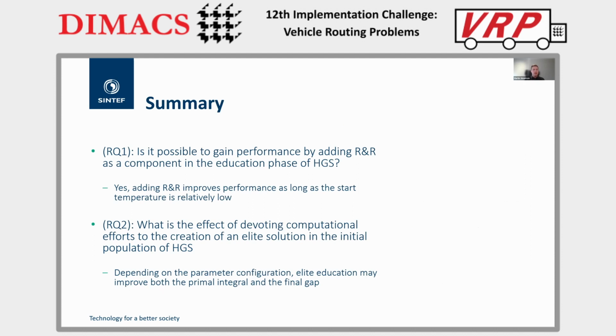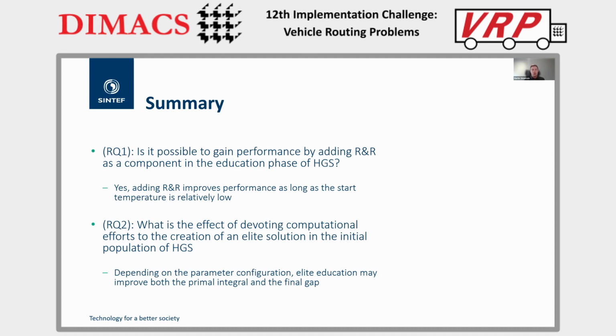Just to summarize, I want to go back to the research questions. The first one, is it possible to gain performance by adding RNR search? Yes, at least according to the experiments we did. It seems like RNR search improves the performance as long as the starting temperature, or the probability of accepting worsening moves, is relatively low.